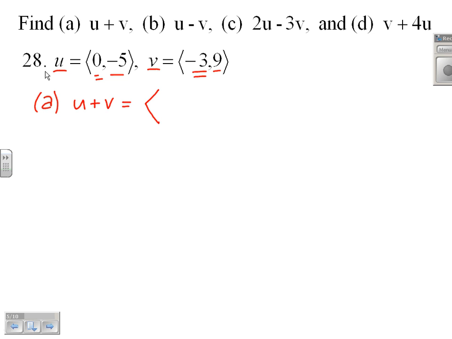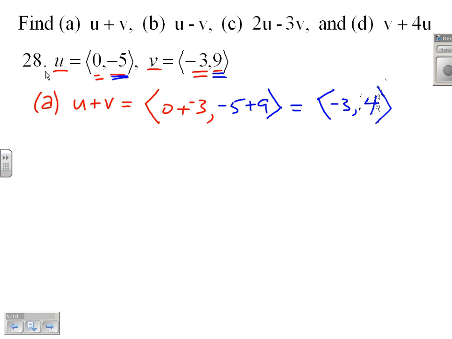Total, I've slid things to the left 3. This is just 0 plus negative 3. If I start out with the y component by moving things down 5 and then I move things up 9, cumulatively, I've moved things up 4. This is just negative 5 plus 9. And we end, very simple, with negative 3, 4.